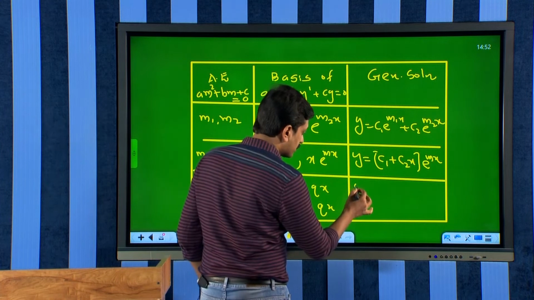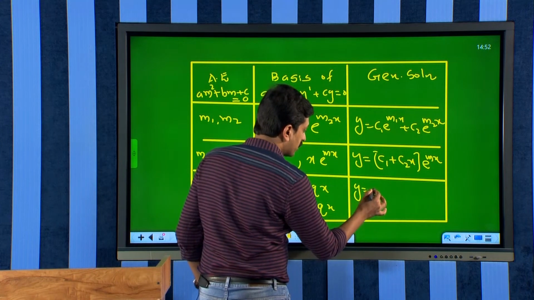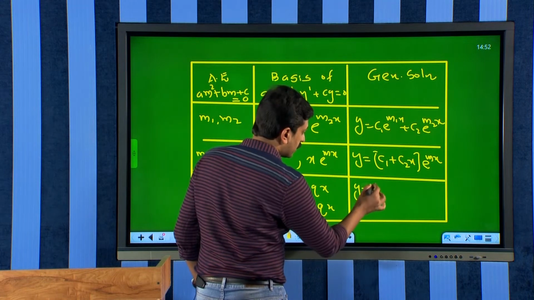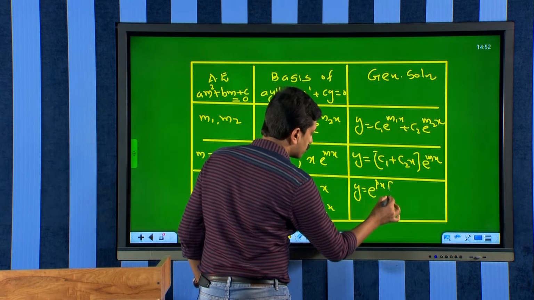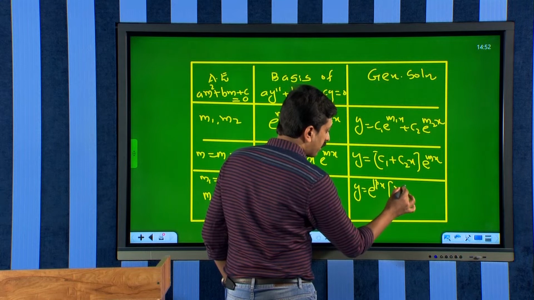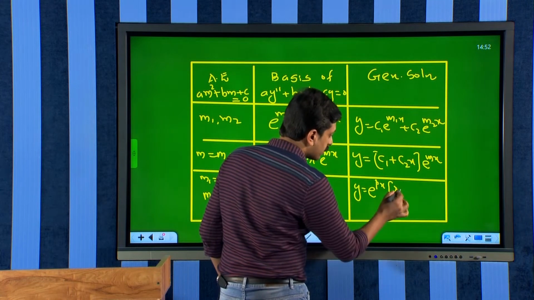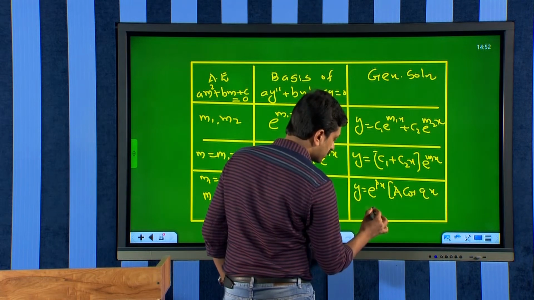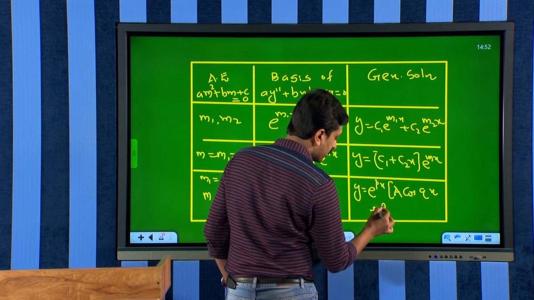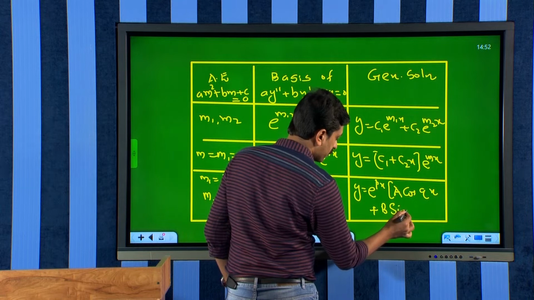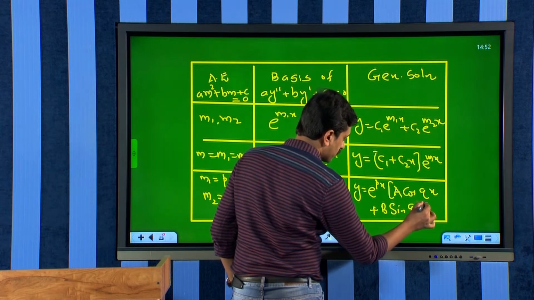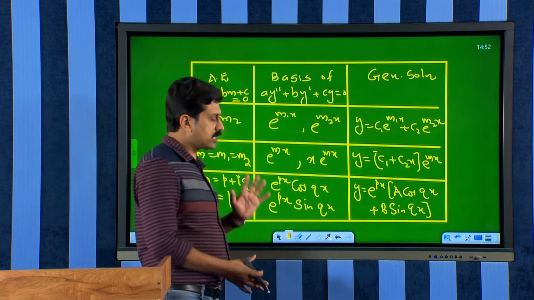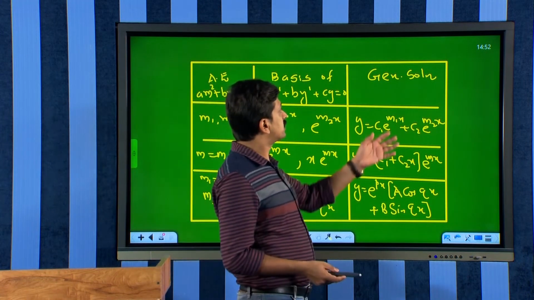So we can write the general solution as e raised to px into a cos qx plus b sin qx.